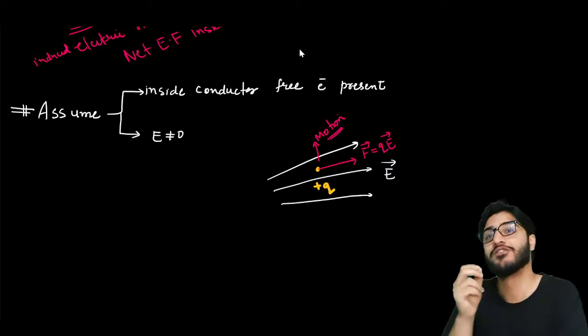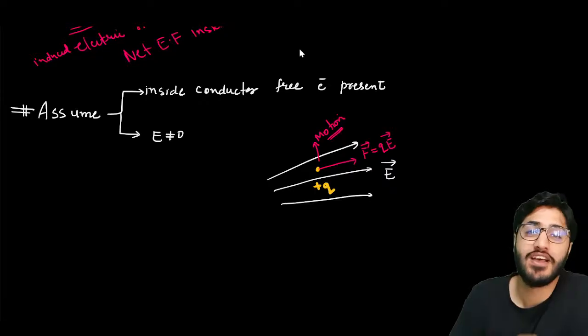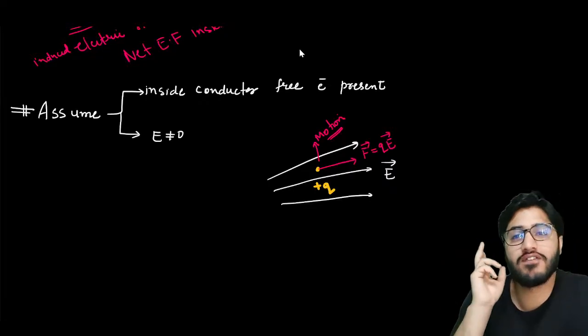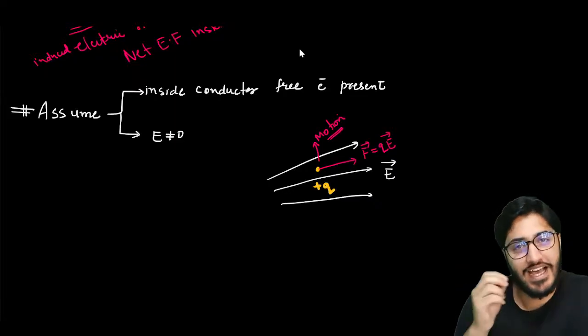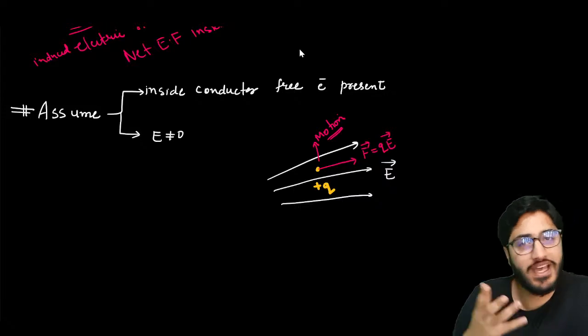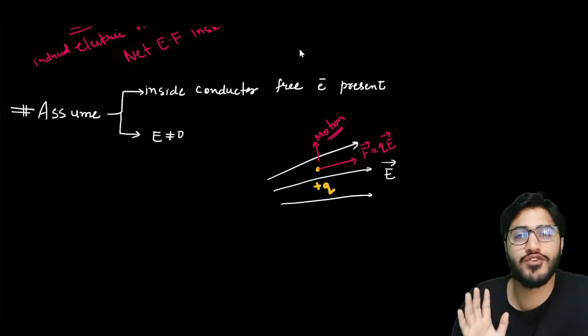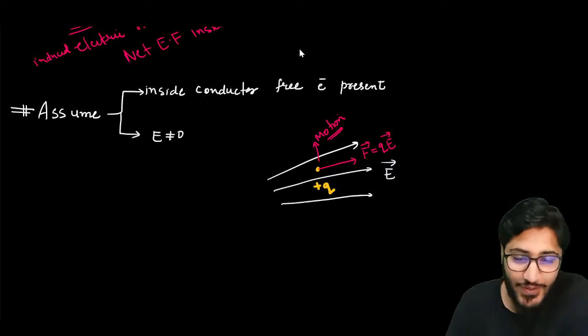Without applying an external battery, without using any sort of battery in my circuit, charged particles automatically flow, and we are getting electricity without consuming the battery and cells. Is it possible? It is not possible.